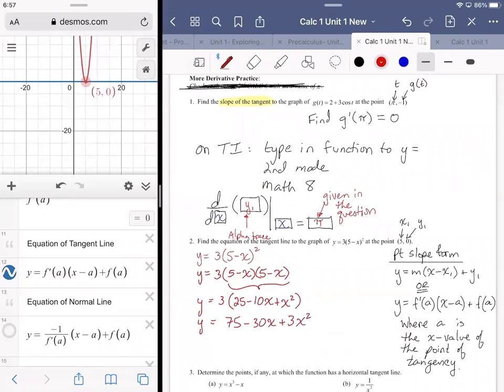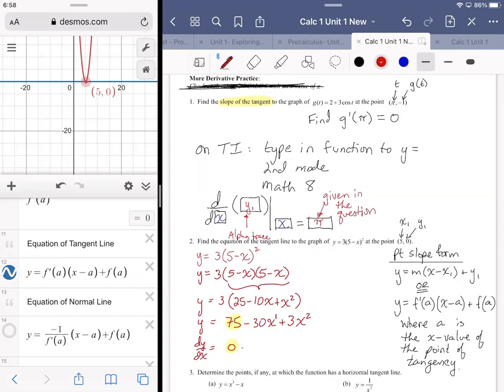Now I need the derivative of that. So I can write, I mean, it's written as y equals. I could change this over to f of x equals, or I could write dy dx as my derivative notation. The constant is going to go to 0. The negative 30x has an assumed power of 1.